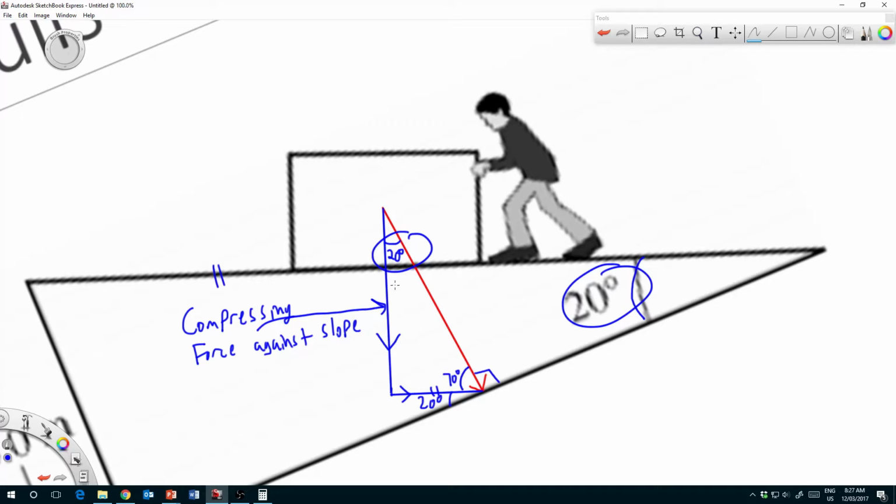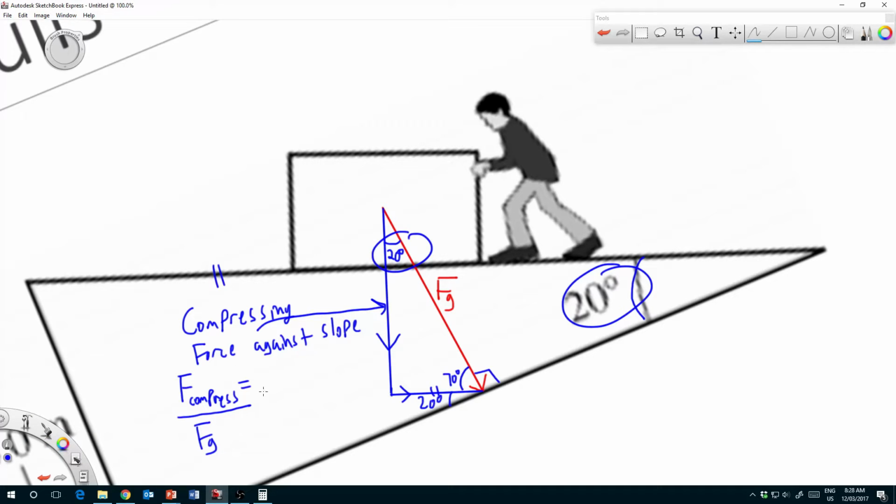Okay, and to calculate this compressing force, if you look at this side, this compressing force is the adjacent side to this 20-degree angle. So we can say then the compressing force, and we'll call it force compress, is going to be, if I use SOHCAHTOA, the force compress over the force of gravity, because I'll relabel that this line here is the force of gravity, which makes the hypotenuse of our triangle.